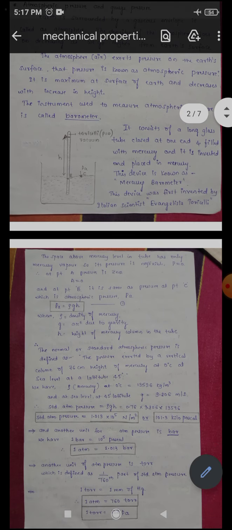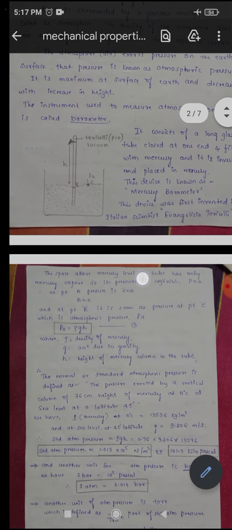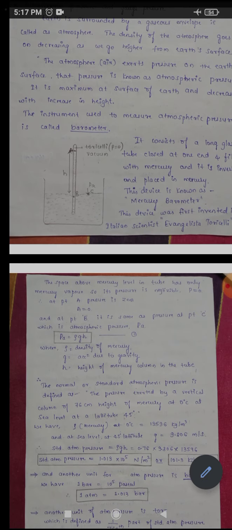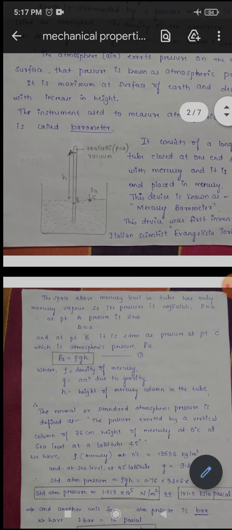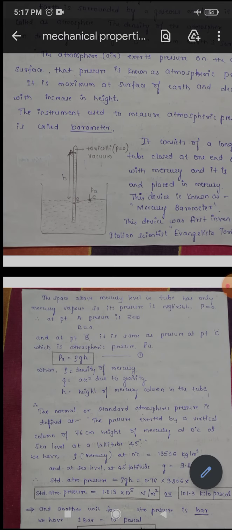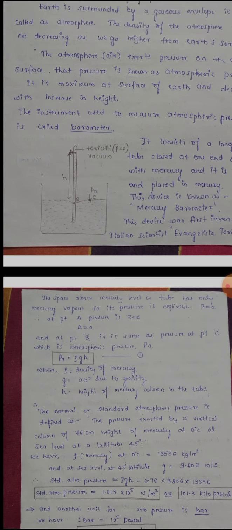The space above the mercury level in the tube has only mercury vapors. In this space it is vacant. This space is also known as Torricelli's vacuum. In this space there is no external pressure.